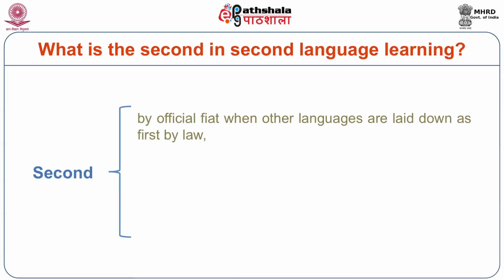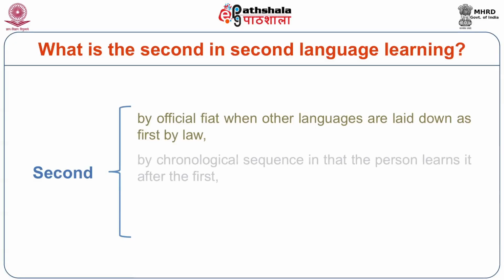Now, what is the second in second language learning? We have discussed language, and now the second. Second, by official fiat, when other languages are laid down as first by law, it's different. Commonly, second by chronological sequence, in that the person learns it after the first.